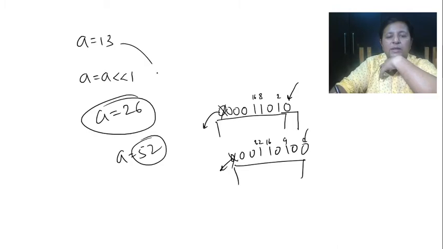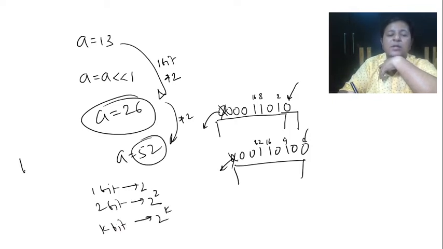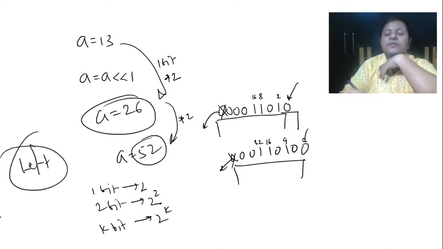Can you see, when you shift by 1 bit, it gets multiplied by 2. Again a 1 bit shift, it is multiplied by 2. If I shift by 2 bits, it is multiplied by 2 raised to 2. So if I shift by k bits, it will be multiplied by 2 raised to k. But all this is when you do shift left.